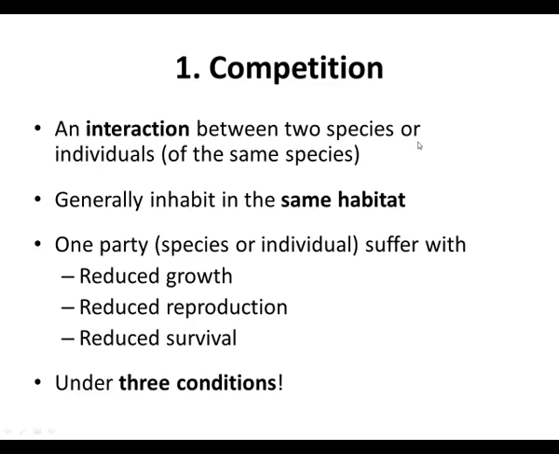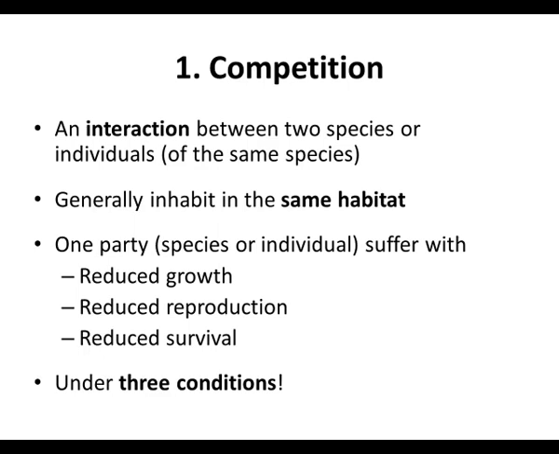The definition of competition is an interaction between 2 species or individuals. Typically, they inhabit the same habitat, and at least one party would suffer in at least one of three ways: reduced growth, reproduction, and survival. So it's an interaction between two organisms. It could be the same species, or two different species.